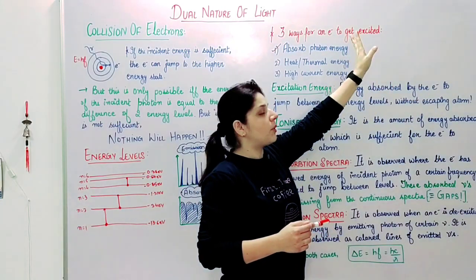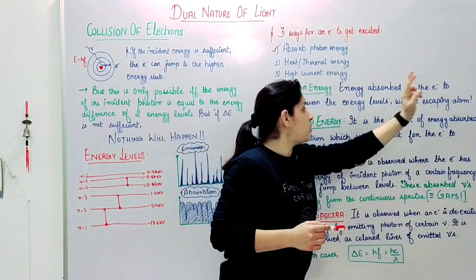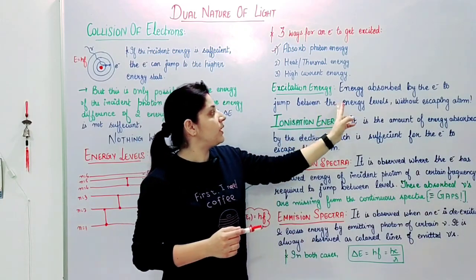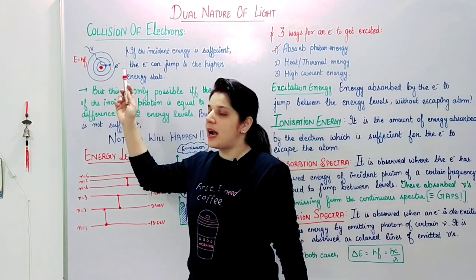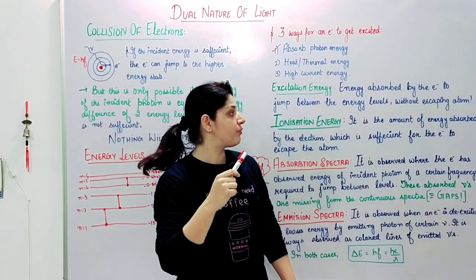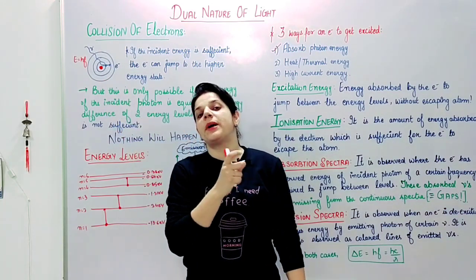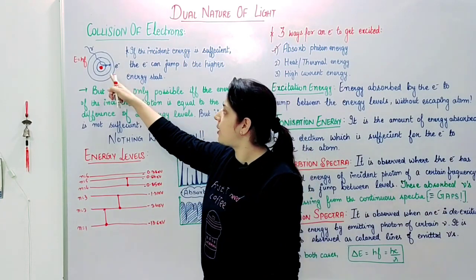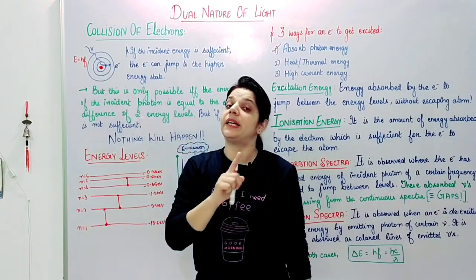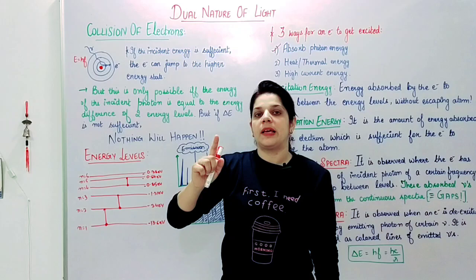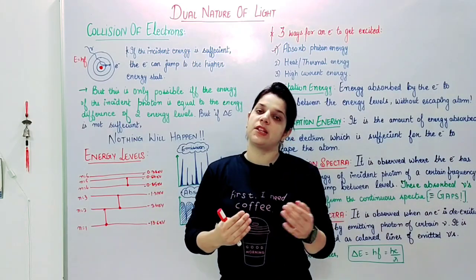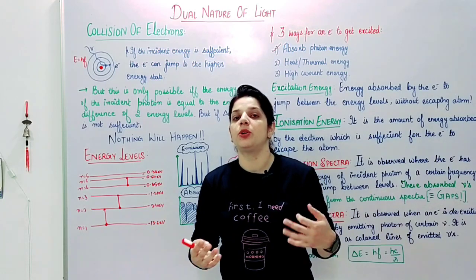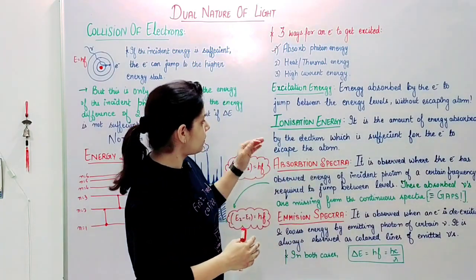Here we will be talking about the photon energy to jump between the energy levels. That means this is my atom, and this is the amount of energy which will be absorbed by this electron so that it can jump between these energy levels, but it cannot escape this atom. Inside the atom, it can shift from one energy level to another energy level.